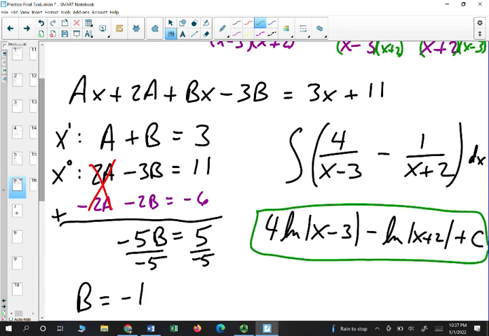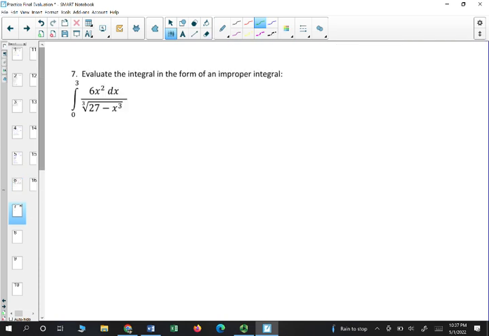Okay, let's take a look at our next one. Okay, we're integrating in the form of an improper integral. Okay, so it means we have to look at where the integral will be improper.